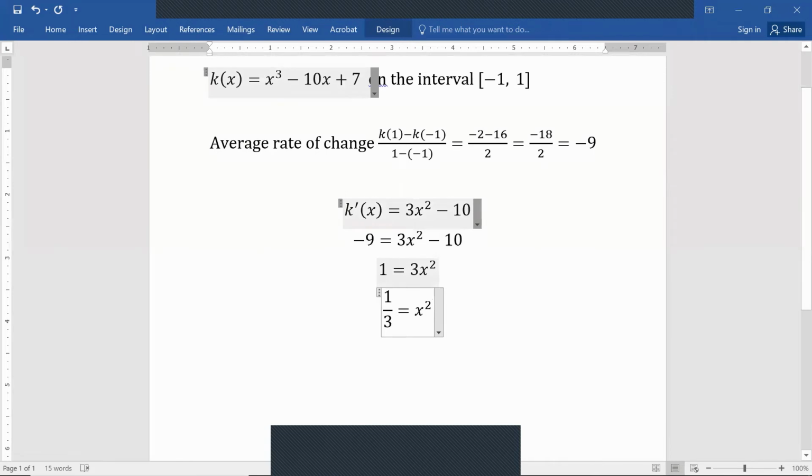Take the square root of both sides. You end up with two values. One is the square root of 1/3. The other value is negative square root of 1/3.